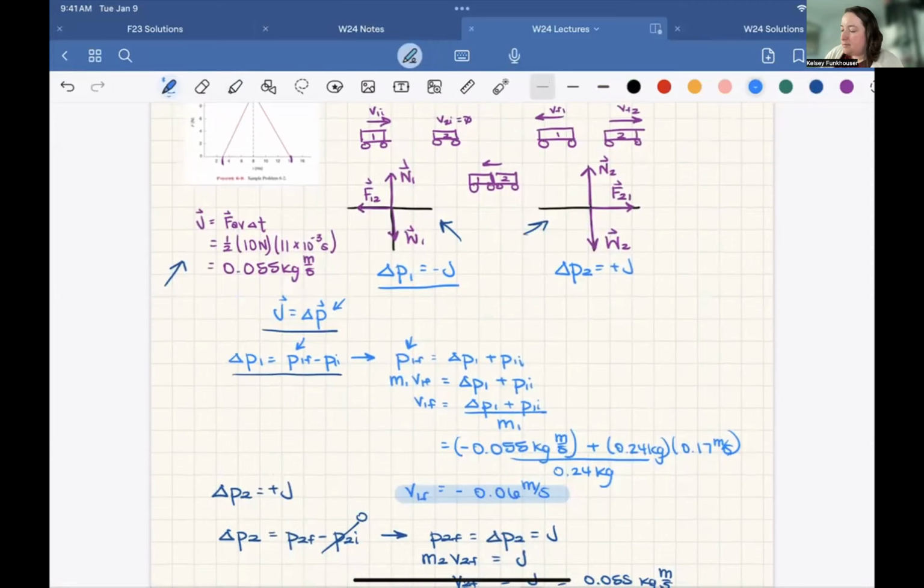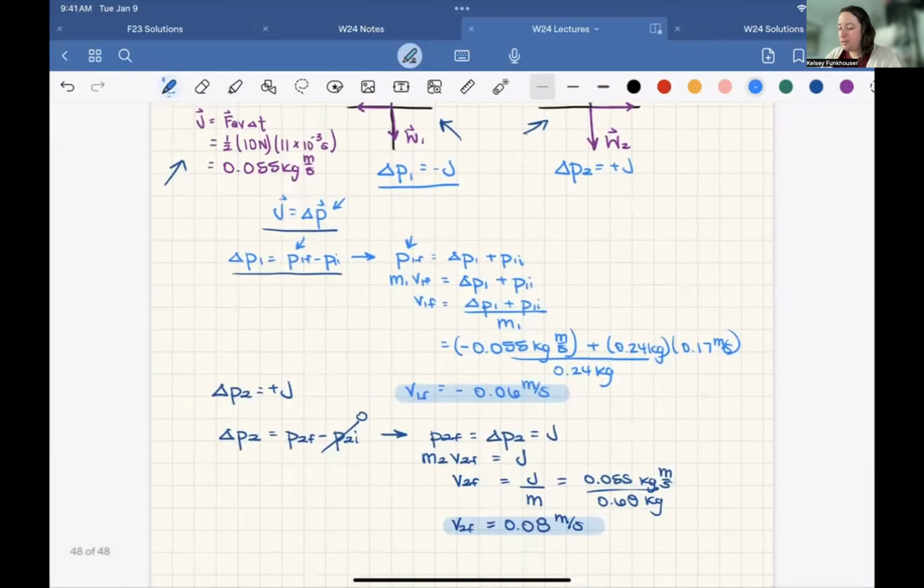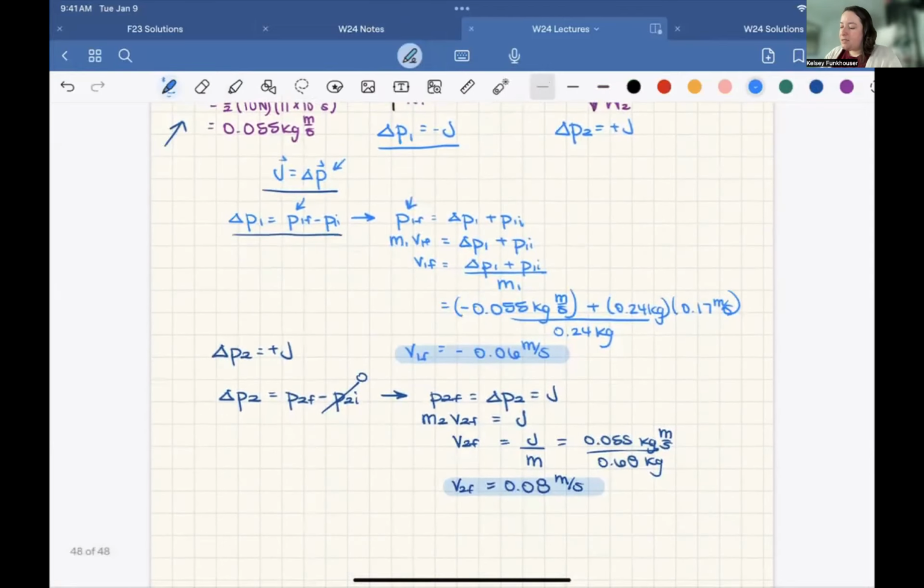So we solved for that, rearranged some stuff, made sure we were careful about the sign, and we got the final velocity for cart 1 to be negative 0.06 meters per second. And then for cart 2, the impulse is positive and the initial momentum is 0 because there was no initial velocity. So we get our final velocity for cart 2 is 0.08 meters per second.